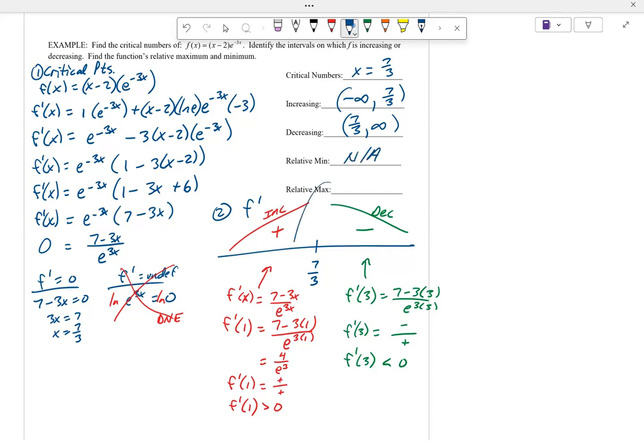We do have a relative max at 7/3, right? Top of a hill. So at 7/3, or if you want to plug it in, the point would be 7/3, plug that in: 7/3 minus 2 times e to the negative 3 times 7/3. I'm plugging this into the original function. That ends up being 1/3 e to the 7th.